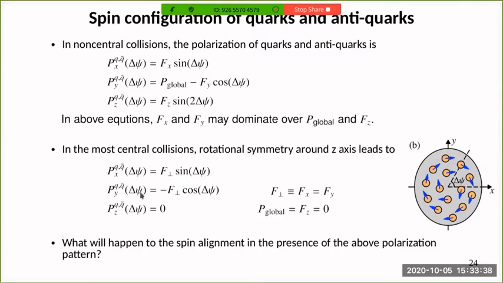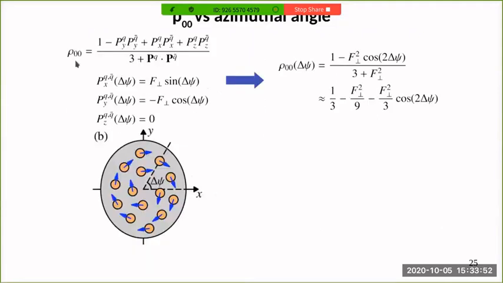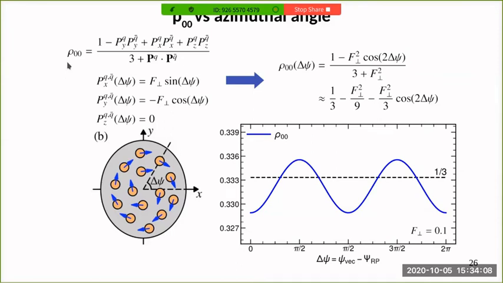Then let us discuss what will happen to the spin alignment if the quark polarization is like this picture. We know that rho 0,0 is determined by quark polarization given by this equation, and the quark polarization in this picture is described by these equations. So we insert this equation into rho 0,0, and we find that rho 0,0 depends on the azimuthal angle by this equation.